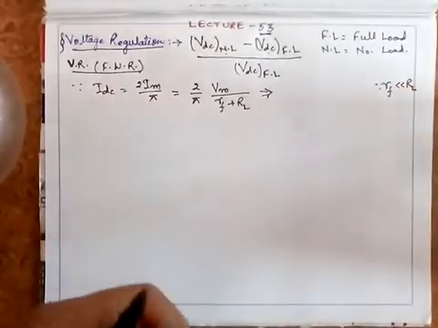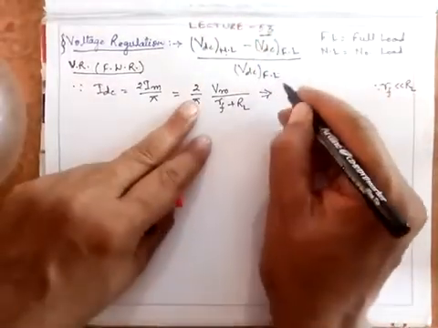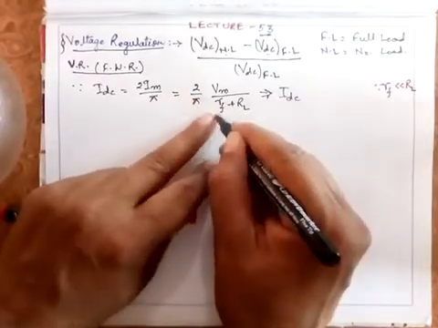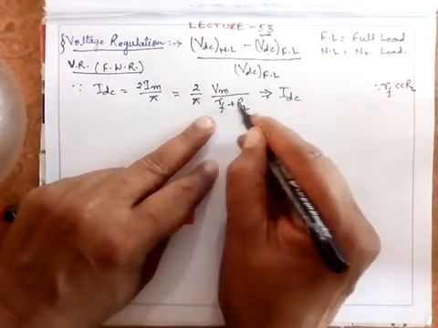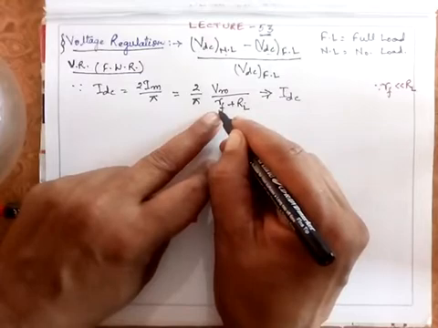Since Rf is far less than RL, I make an approximation, that is, I neglect Rf from here. Suppose RL is 5 kilo ohm, 5000 ohm, and Rf is 25 ohm, so it is negligible as compared to this.